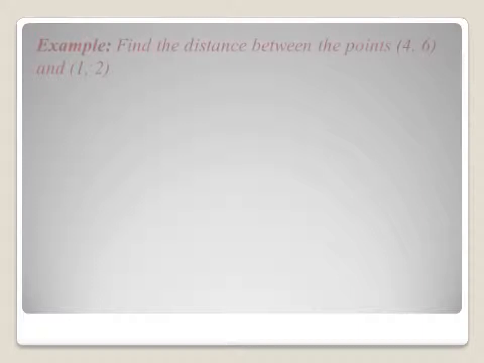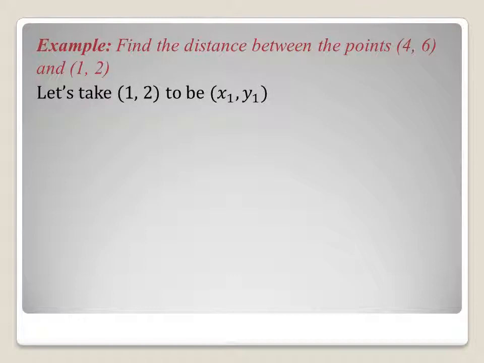Let's take an example now. Find the distance between the points (4, 6) and (1, 2). Let's take the points (1, 2) to be x1 and y1 and (4, 6) x2 and y2.